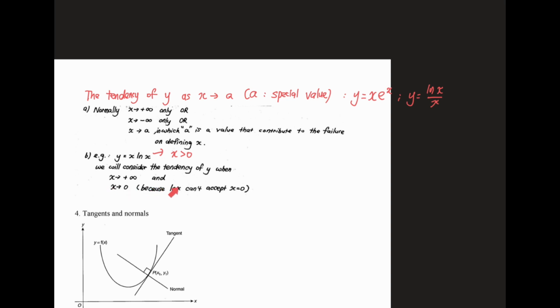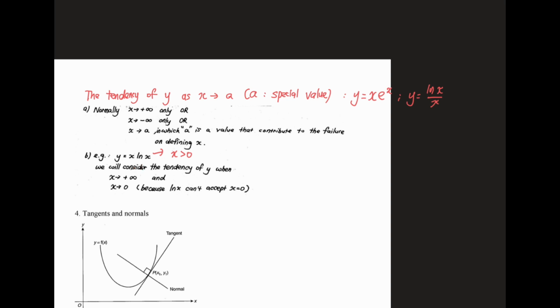Because ln x is defined for x more than 0. So we want to find out the graph of y equal to x ln x when x is very close to 0. Normally the graph will either go down, which is y approaches negative infinity, or the graph will go up, that is y approaches positive infinity. So we want to determine that.